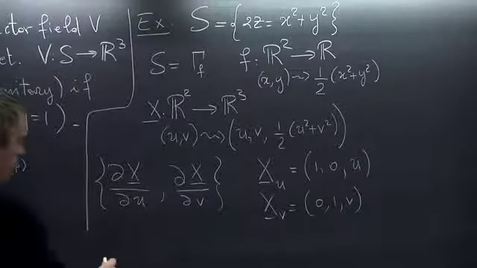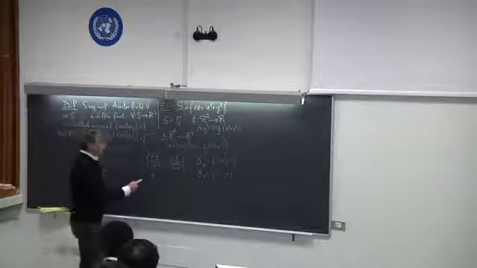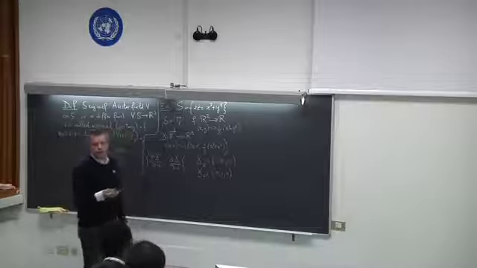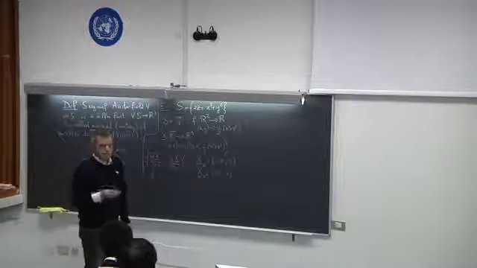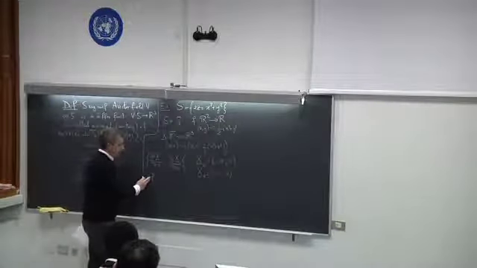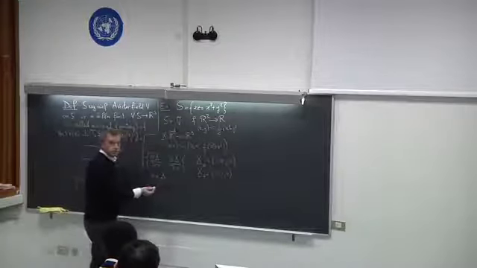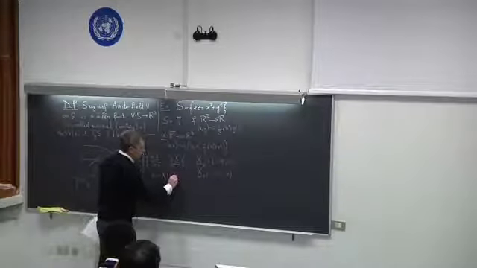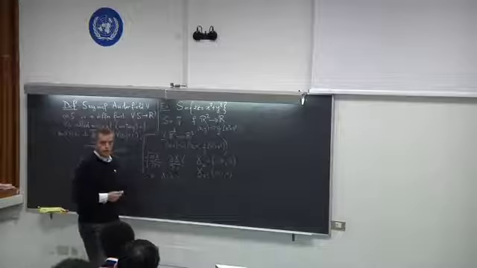So now if I take a point P, what are the tangents? When I said something like these two vectors are a canonical basis of the tangent space, what do I really mean? Well, to be extremely precise, I should say, take a point P. P will be x of some point on U. So it will be x of U naught, V naught, for some choice of U naught and V naught.